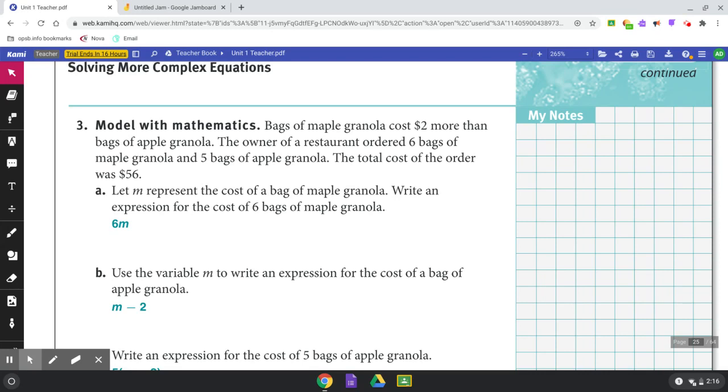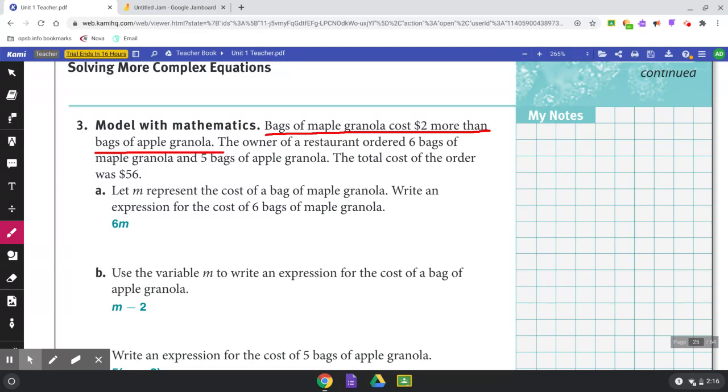Okay, use the variable M to write an expression for the cost of a bag of apple. Well, if you look up here, let me change my pen color to red so you can see it clearly. Okay, so bags of maple granola cost $2 more than bags of apple.